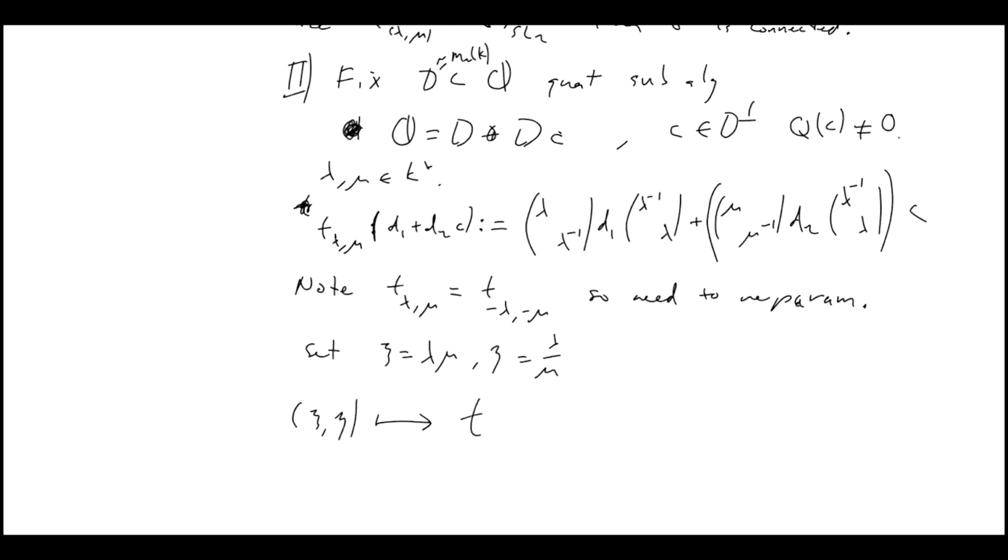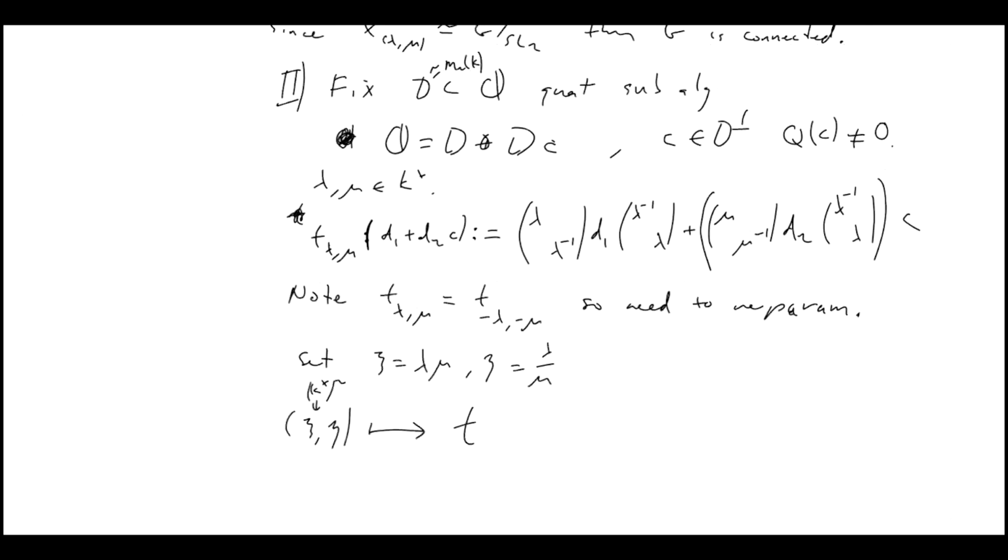So now I'll take this, an element of K cross squared, and send it to the same set of maps, but in a reparameterized way. So this embeds a rank 2 torus.